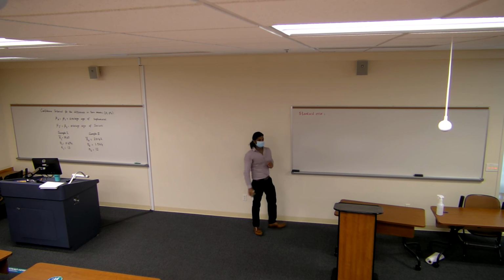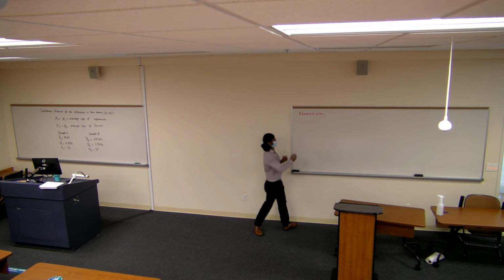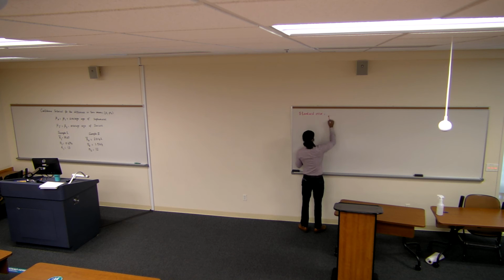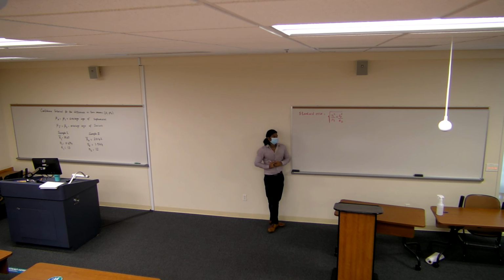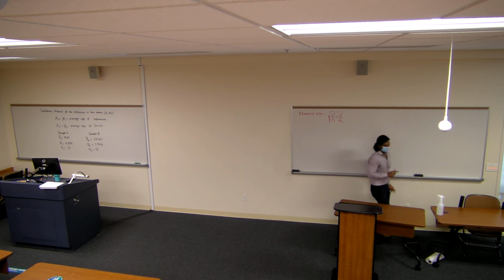And what is that? It is the square root of s1 squared over n1 plus s2 squared over n2. When I did this calculation, I was saying, oh, the answer has to be about 0.4 something.